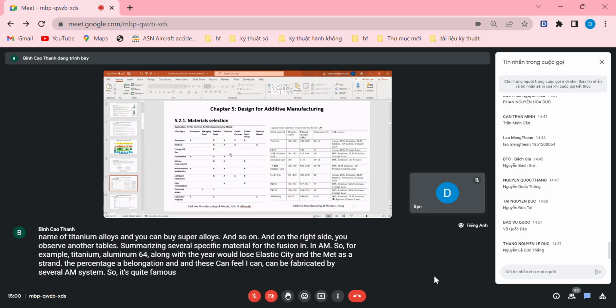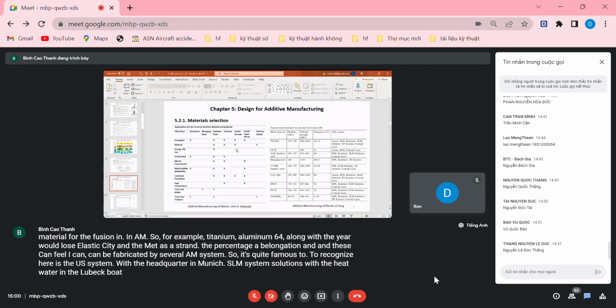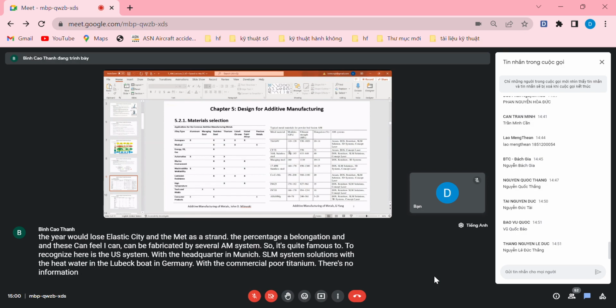Quite famous to recognize here are the EOS system with headquarters in Munich and SLM Solutions with headquarters in Lübeck, both in Germany. For commercially pure titanium, there's no information regarding the modulus of elasticity.